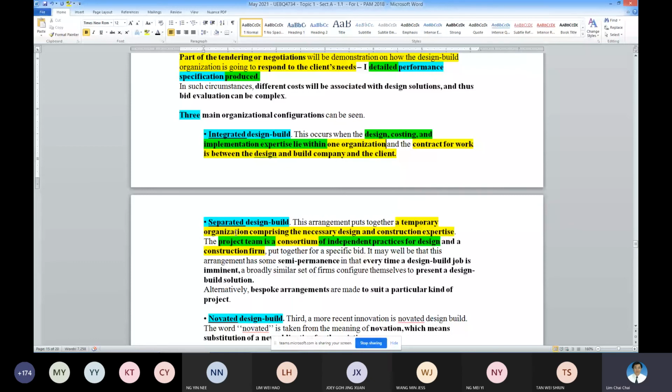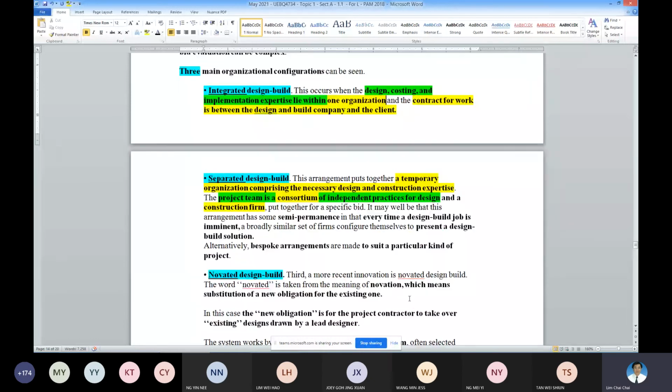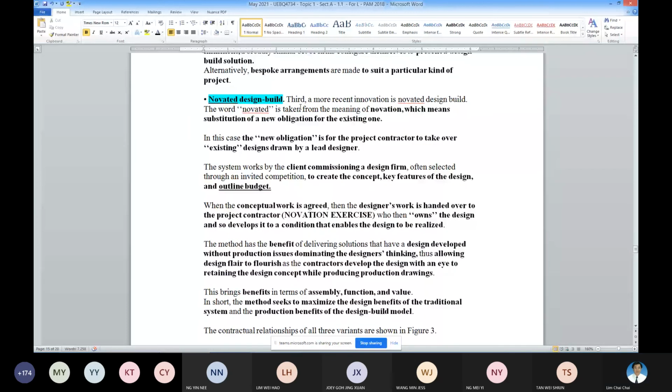And the third category, what does it mean? It's called novated. Novated means the client asks a design firm to do the initial design and come up with a budget.